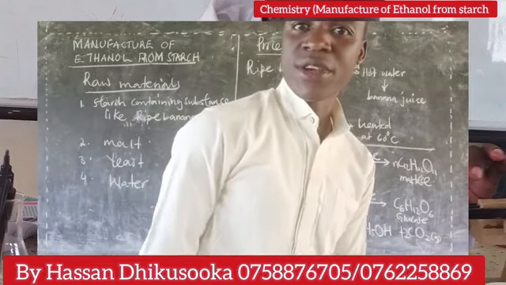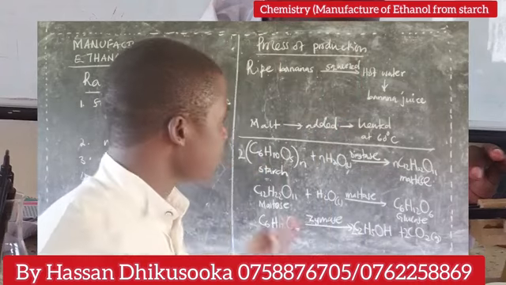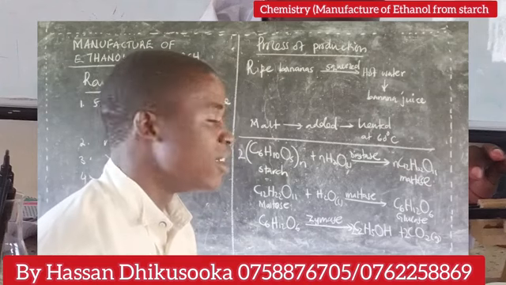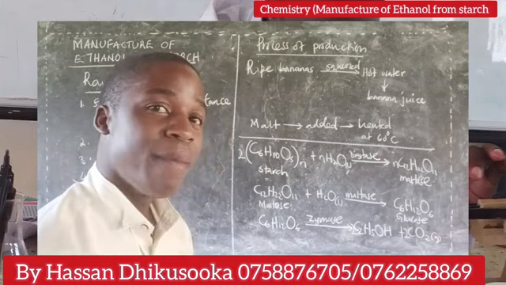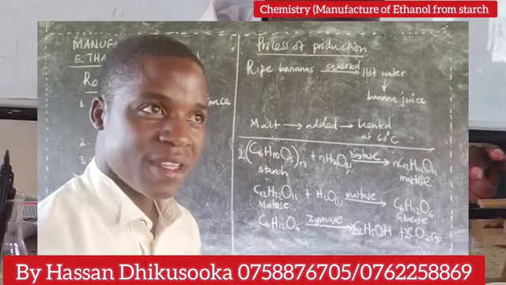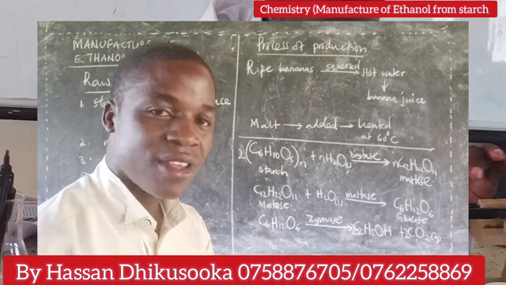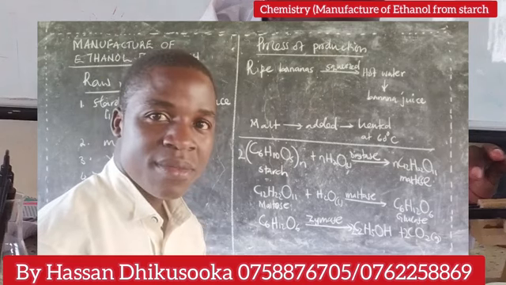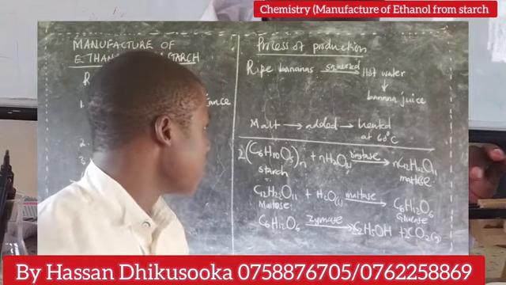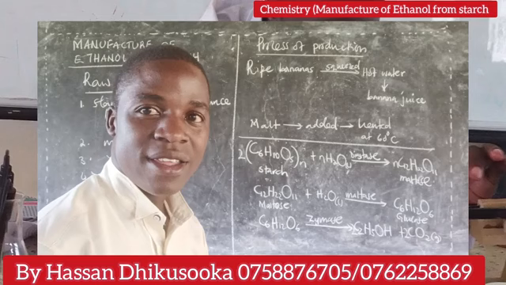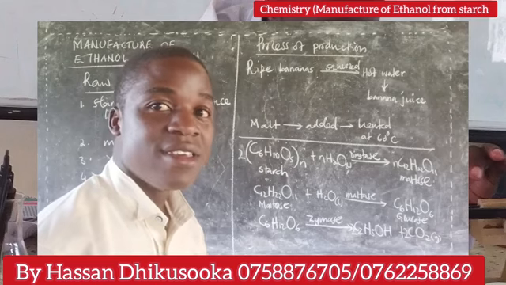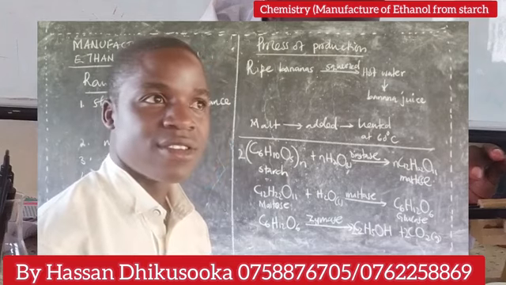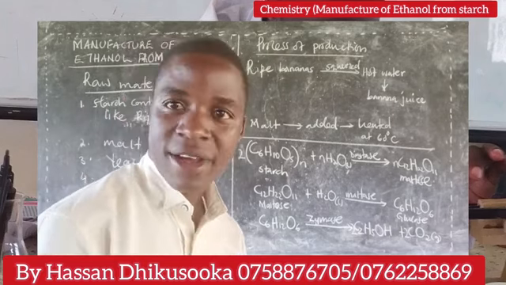Let us try to explain what we have done. From the beginning, we are saying ripe bananas are squeezed in hot water to obtain banana juice. Malt is then added and the mixture is heated to a temperature of about 60 degrees Celsius in a boiler.